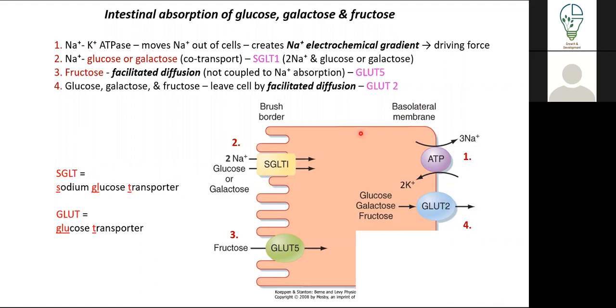So what you need to know basically, if someone asks you what does SGLT1 do, glucose or galactose enters. Fructose enters from GLUT5, and then glucose, galactose, fructose exit through GLUT2. All right, good, great, fantastic.